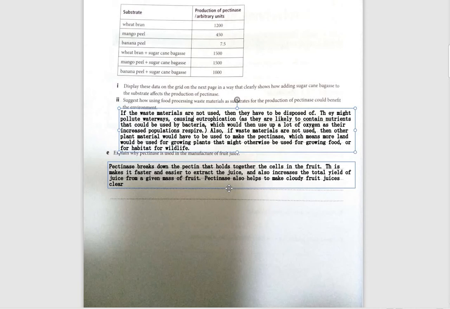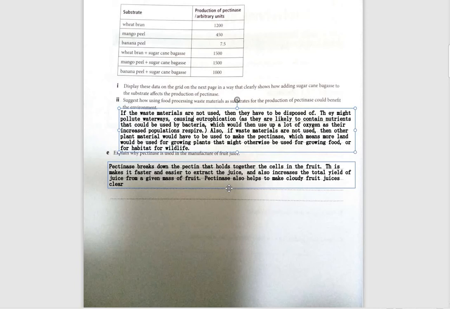The juice that you might make at home by using just crushed apples or oranges or mangoes, you won't be getting that much pulp in your juice if you don't use the enzyme called pectinase.